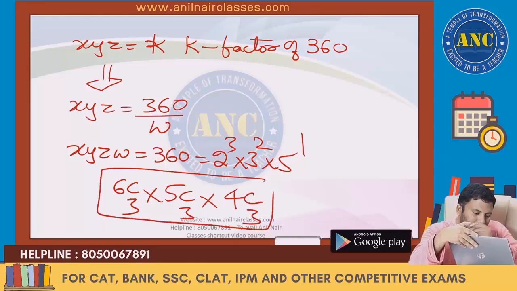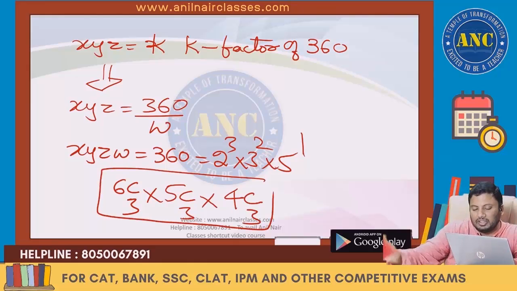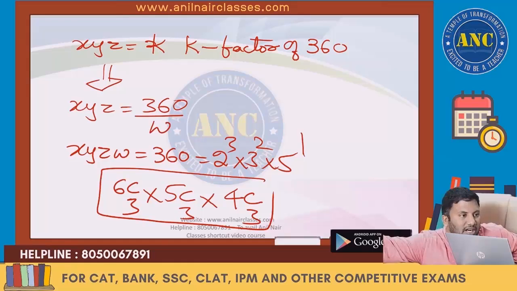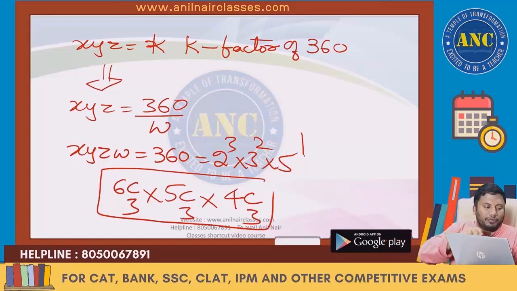Direct answer: 6C3 into 5C3 into 4C3. I hope the idea is clear. Kindly reply in the live chat if the idea is clear to you.